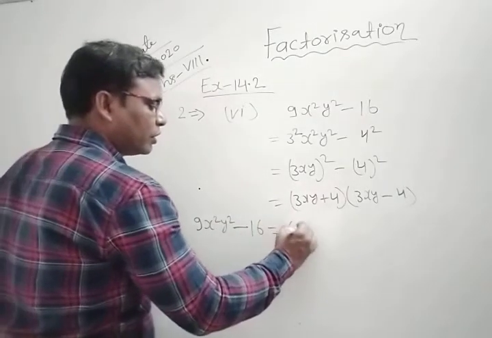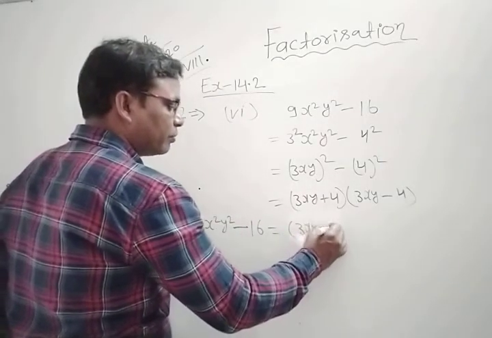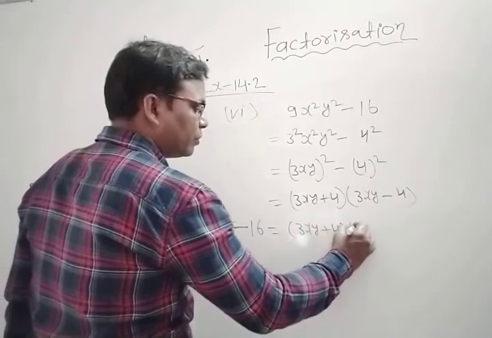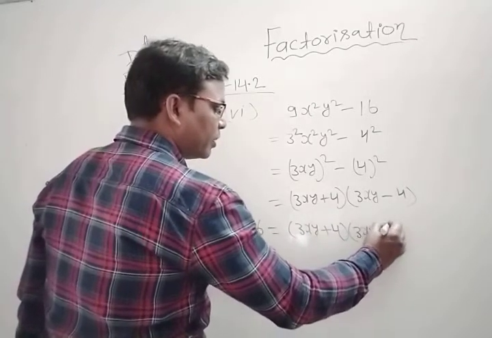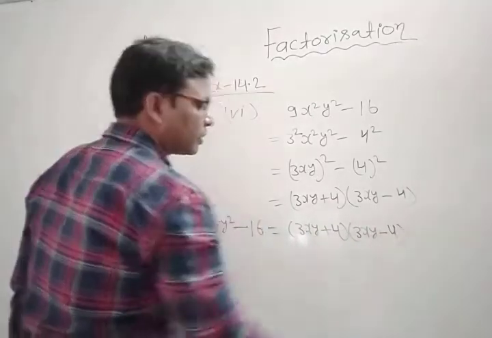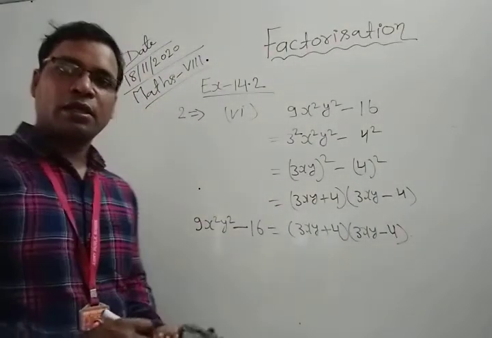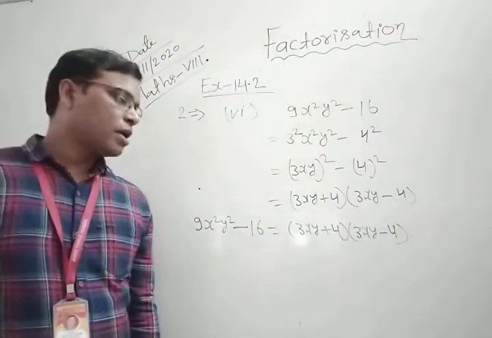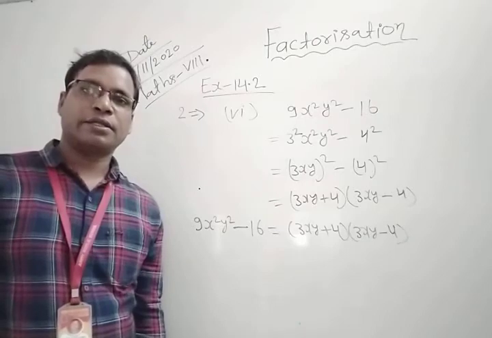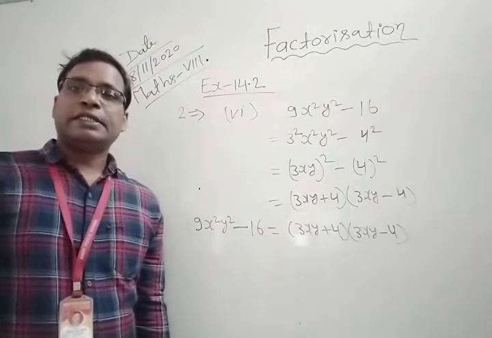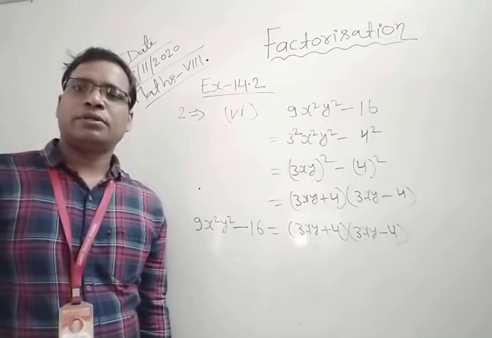This is equal to 3xy plus 4 into 3xy minus 4. Clear? So I hope all of you understood this part. This is the sixth part of question number 2.